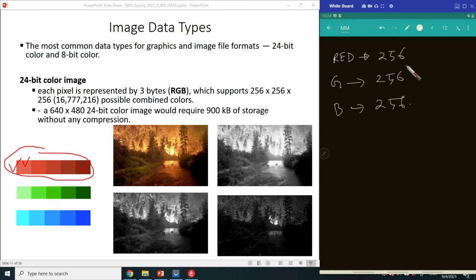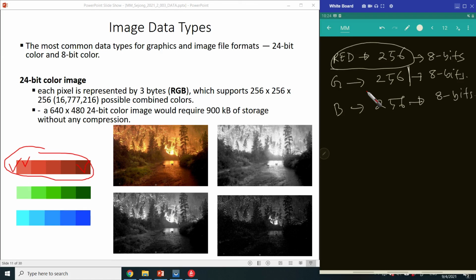So now you see, to represent a level in red, definitely we need 1 byte of information or 8 bits. Similarly, to identify which green level we are talking about, we also need 8 bits of information, and for blue we also need 8 bits of storage, right?